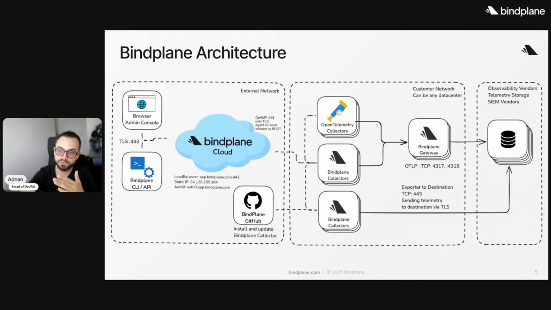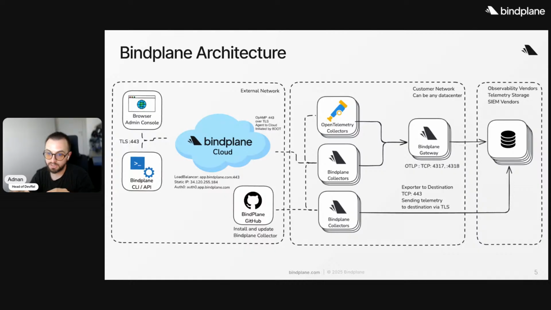So no telemetry really flows through Bindplane. It only flows through the collectors. And that's a pretty important security point to look into, because you can get a snapshot preview of the data flowing through your collectors from Bindplane, but no data actually goes through Bindplane.